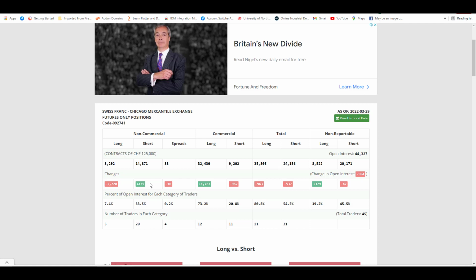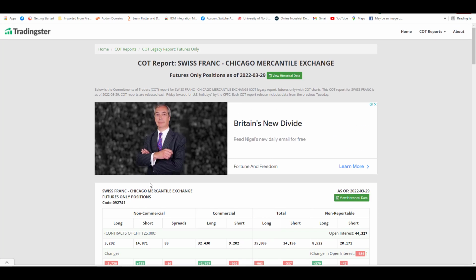The commercial banks, the big guys, are relieving themselves of their long positions on the Swiss franc, and even taking more shorts. So just using this, we will see that a pair like USD CHF is going to go up, because CHF losing its strength means that you're going to need more CHF to buy $1. Okay, so having that in the back of our mind, let's check the US dollar itself and see what's happening on it.